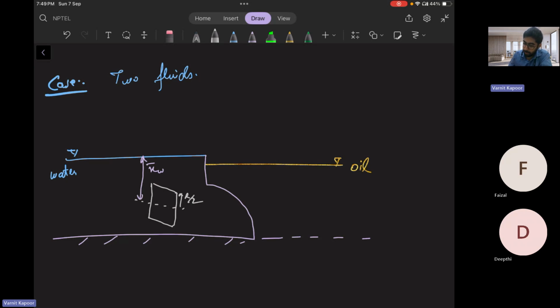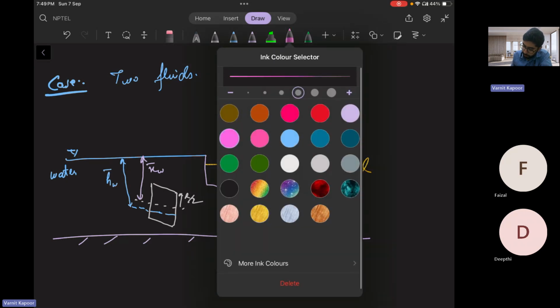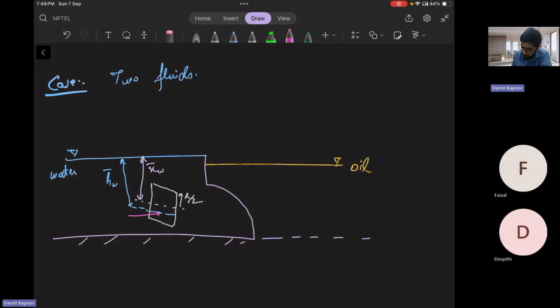And there will be a horizontal pressure force acting here. This is H bar of water. And the pressure force is F horizontal of water. Okay. Suppose this height is x1. Okay. And this height is x2.